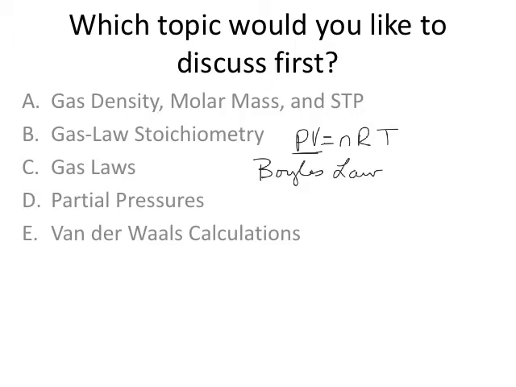If you make everything else a constant, just call it K, and you solve PV equals K in terms of P, you have a constant divided by V, and you can see that pressure is inversely related to volume. So as one increases, the other decreases.